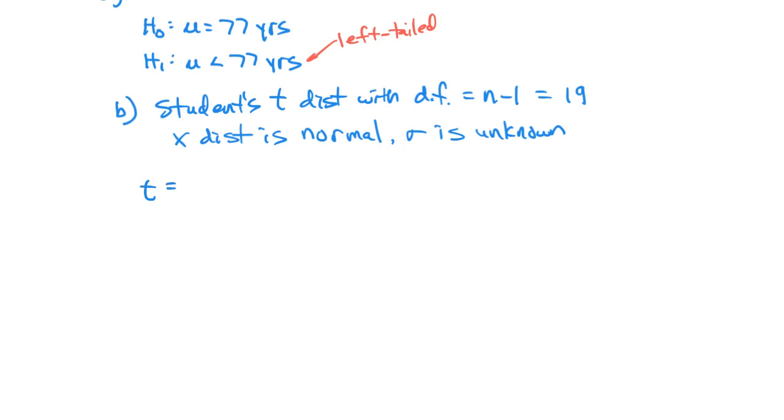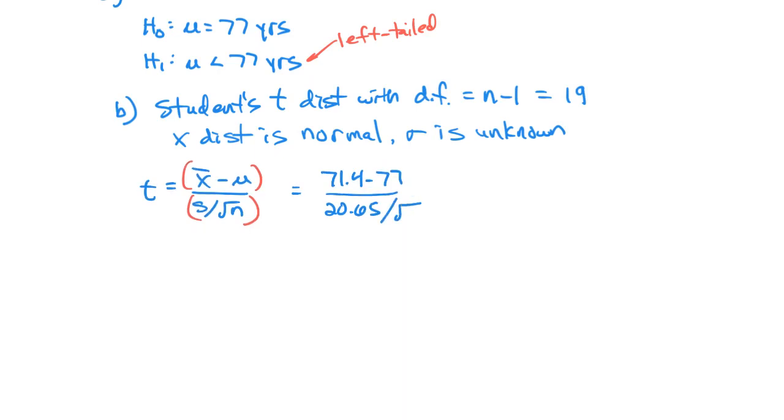So we've got our formula for student's t, and we have to be a little careful here. When we plug in the values, we get 71.4 minus 77 over 20.65 divided by the square root. Now I want to be careful here. There's an easy mistake to make. Whenever you use student's t, it's really easy to put in degrees of freedom here.